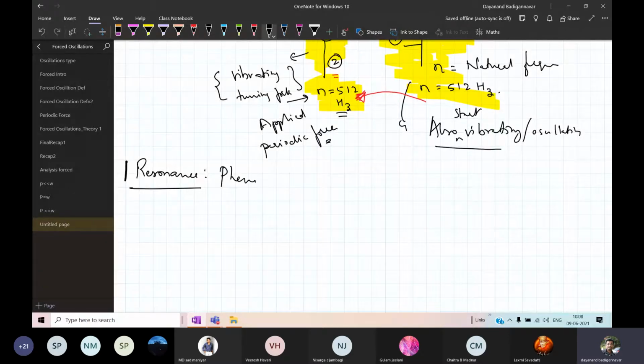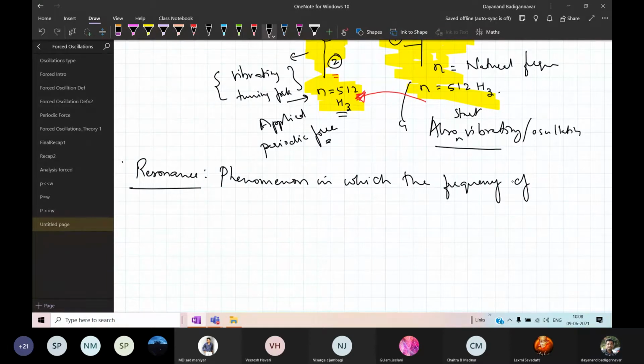It is a phenomenon in which the frequency of the applied force matches with the natural frequency.